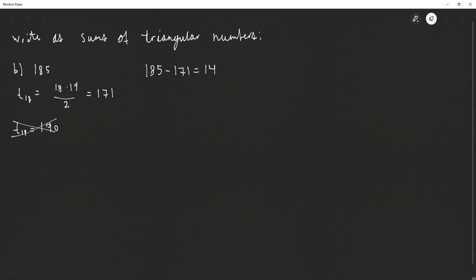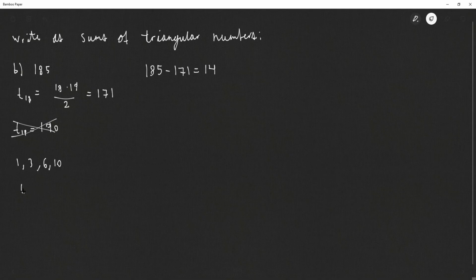Now what we can do is look again at how 14 could be split up. We know from before that our triangular numbers can be 1 and 3. And if you look at a couple of the other numbers in the rest of the sequence, it goes 1, 3, 6, and 10, where 1, 3, and 10 would actually add up to 14.